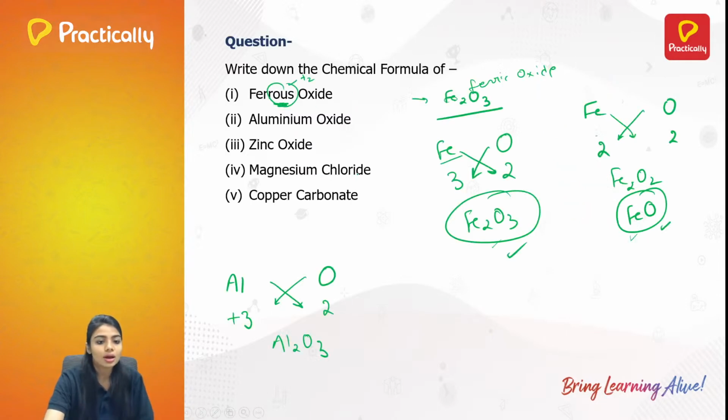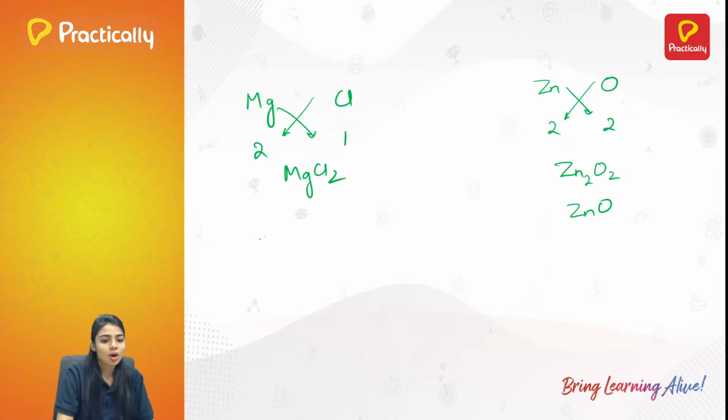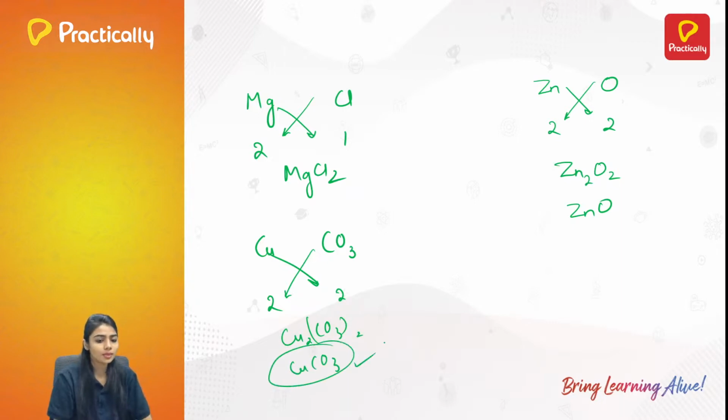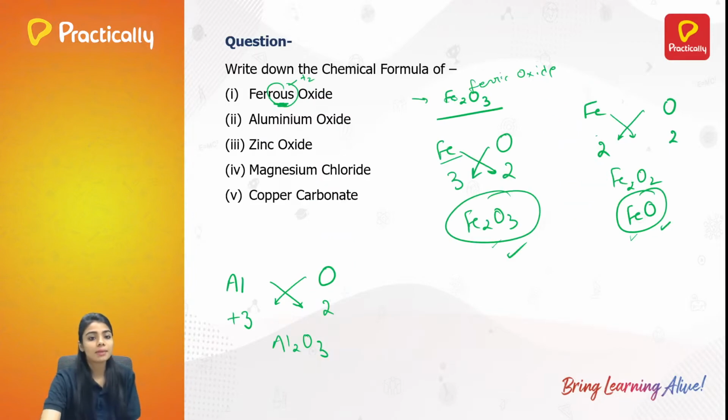Next is copper carbonate. Copper and carbonate. Copper valency 2, carbonate valency 2. Cross multiply it, you get Cu2(CO3)2, that means CuCO3, copper carbonate. Okay, so this is how you need to write the chemical formula for these elements.